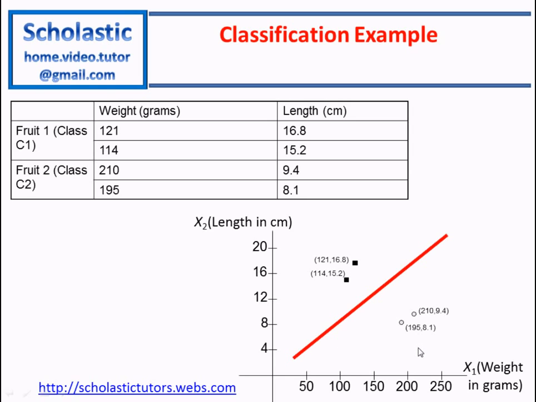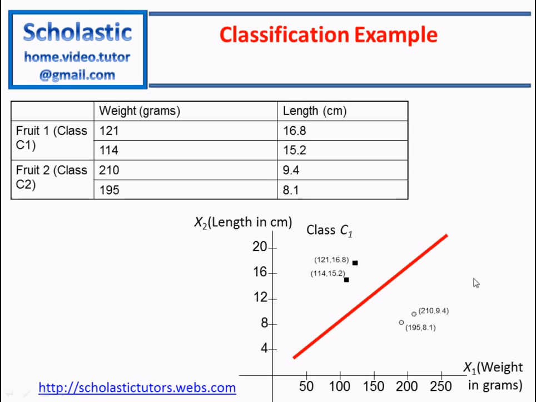If an unknown fruit is given with its weight and length, we can plot it here and find its class using this graph. But when you come to complex problems, we need to write a neural network program and then solve it using training. So let's see how we are going to implement a neural network for this simple problem.